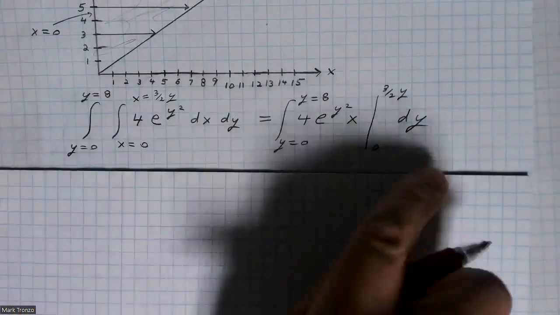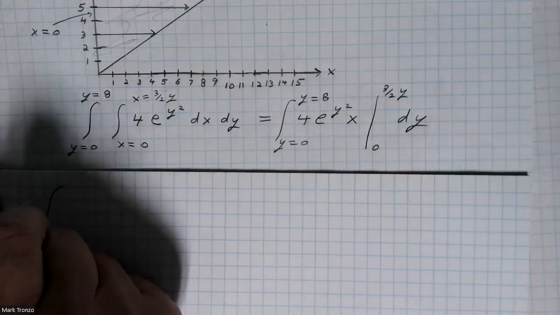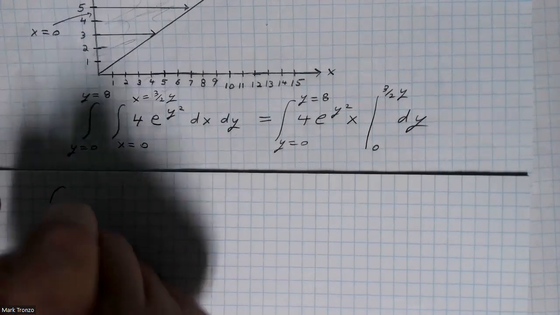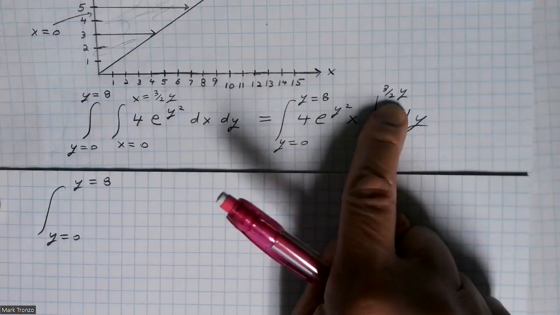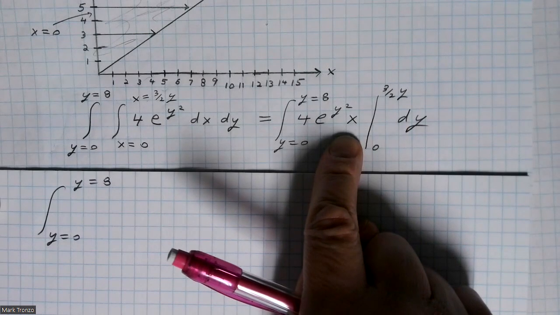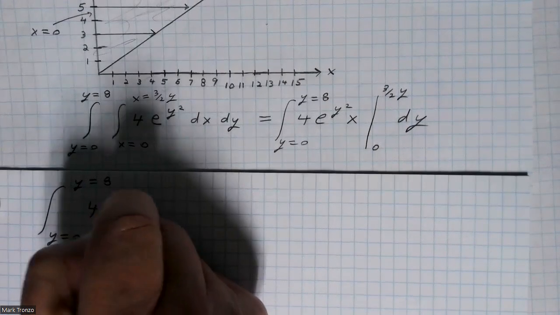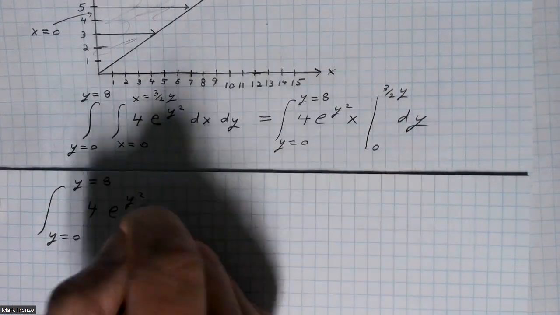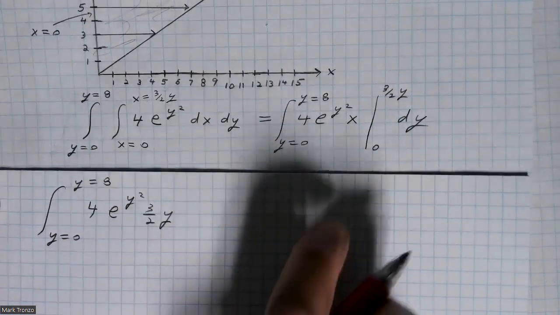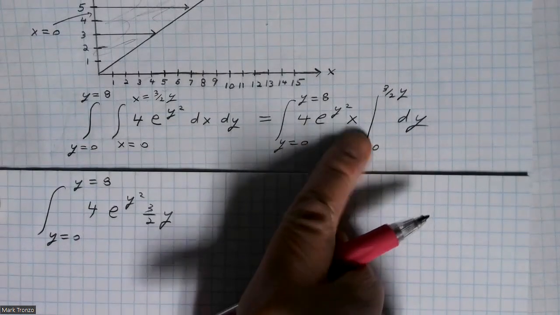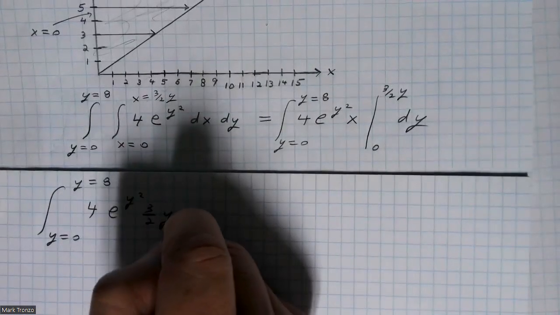When we put our bounds in for x, that's e to the y squared times 3/2 y, and then for the lower bound x equals 0, that's just going to be 0.